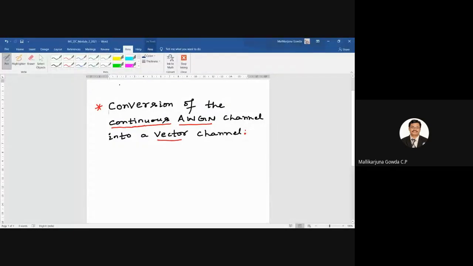Okay, so let me begin with this. To start with, how do we write the model of a channel? Anybody, any idea? How do we write the additive white Gaussian noise model of a channel? No idea?